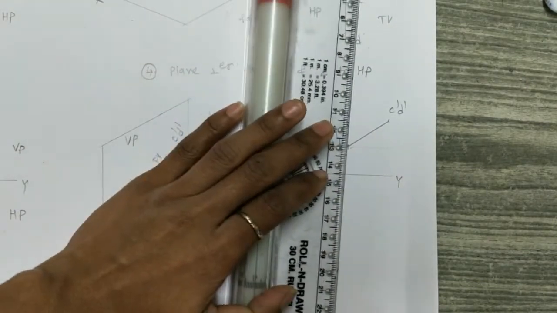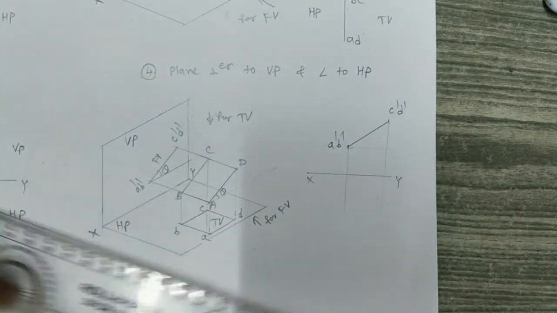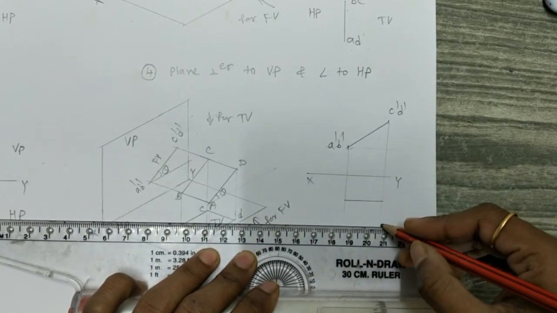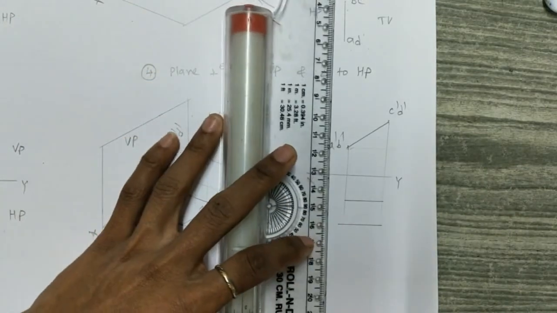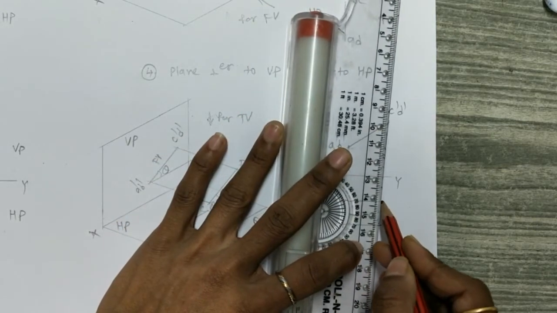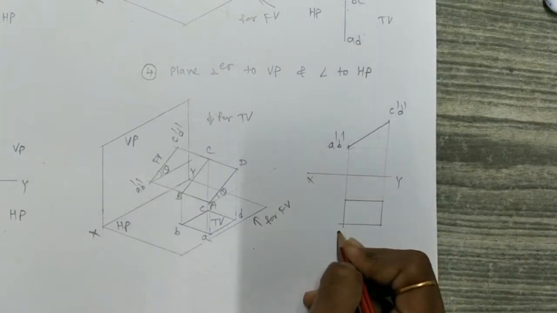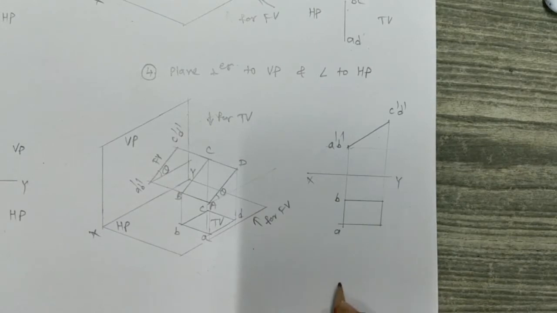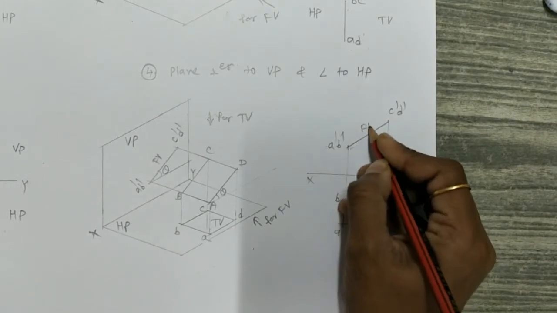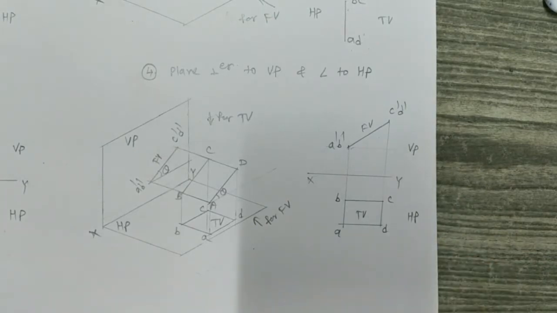Now take projections and top view is a rectangle. So in top view draw a rectangle. Give name A, B, C and D. This is top view, this is front view, this is VP and this is HP.